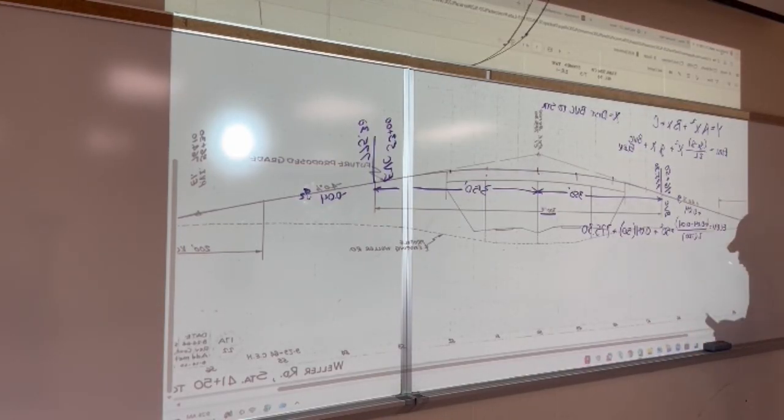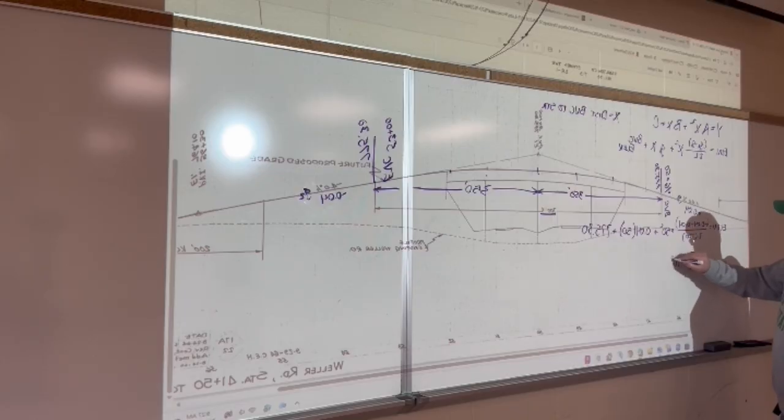Negative 0.04 minus 0.04. I think the negative numbers mess me up. So I get negative 0.08 divided by 1400, times 50 squared, plus.